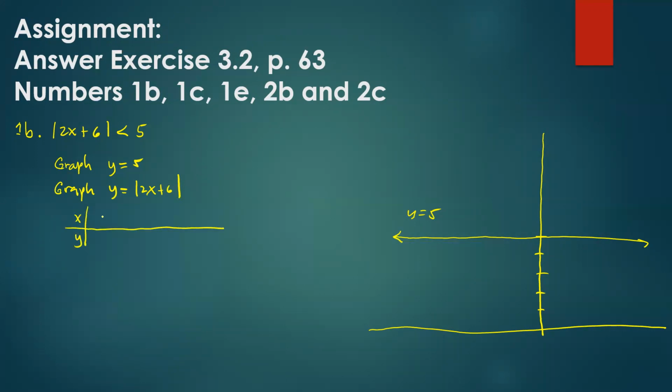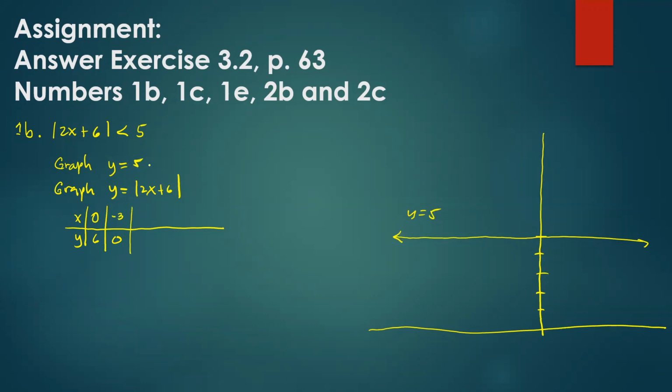So that is, if x is 0, then y is 6. And if y is 0, then what is the value of x? So that is negative 3.